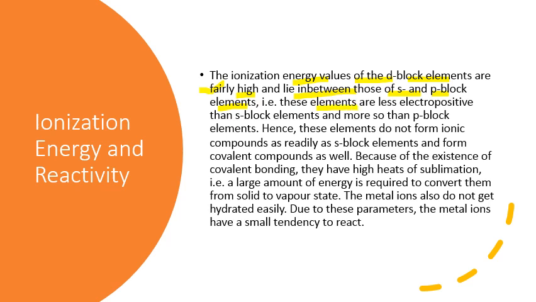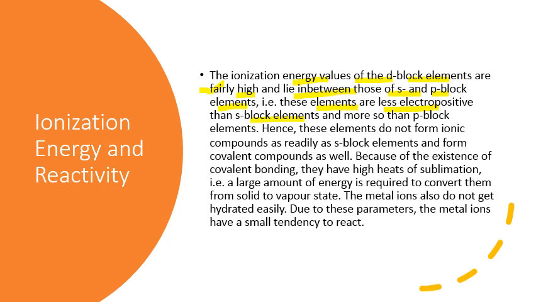These elements are less electropositive than the s block elements. Which elements are highly electropositive? That is the s block elements. They have the tendency to lose electrons, and that is called electropositivity. Remember?